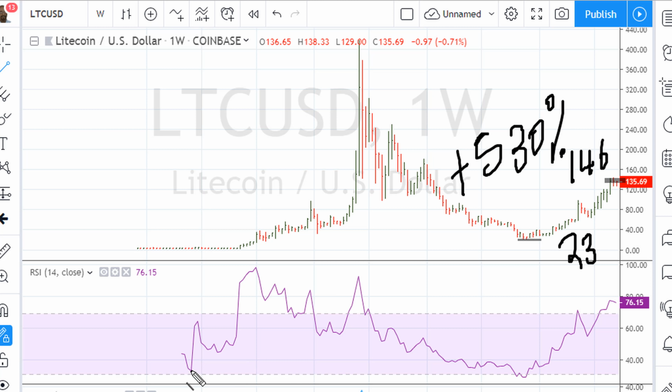A couple of lines here. So there's a line coming from the lows here, and this is again the weekly chart for Litecoin. Now you can see how this is giving us a possibility based on the previous lows here. We got a break of that line here of the highs there.